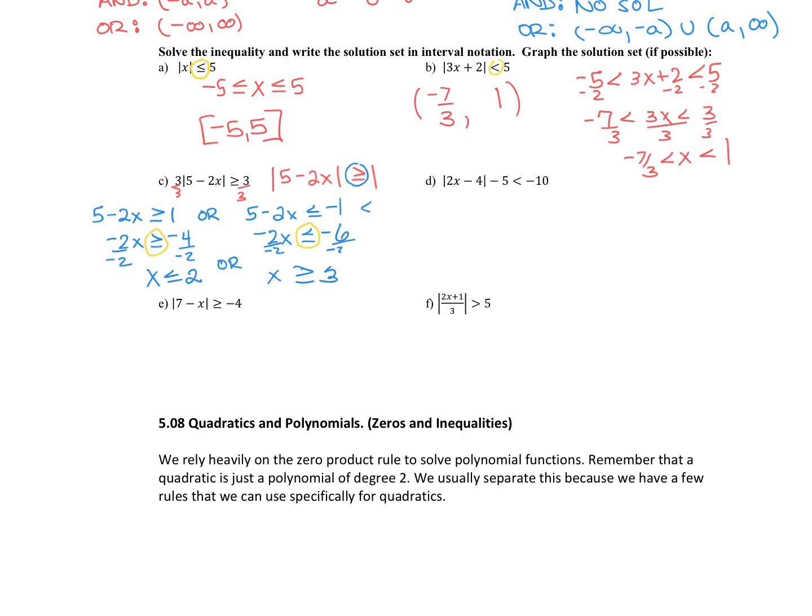So a quick little graph here. Greater than or equal to 3, less than or equal to 2. So we're going to say negative infinity up to 2, bracket, union 3 to infinity.